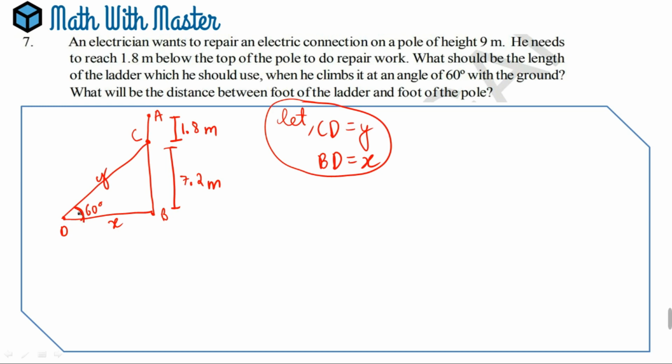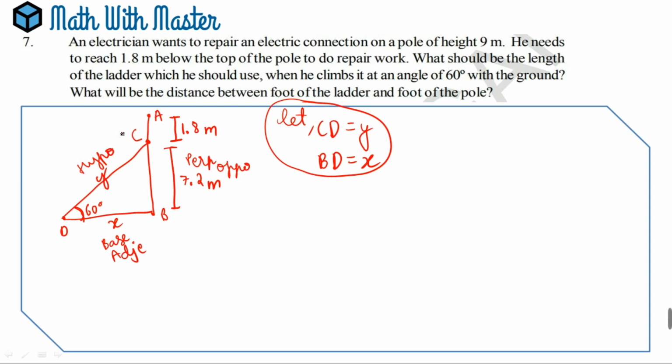So for angle D, what is BC? It is perpendicular or opposite. What is BD? BD is base or adjacent. And CD is hypotenuse.